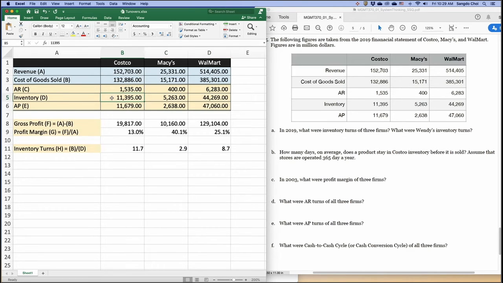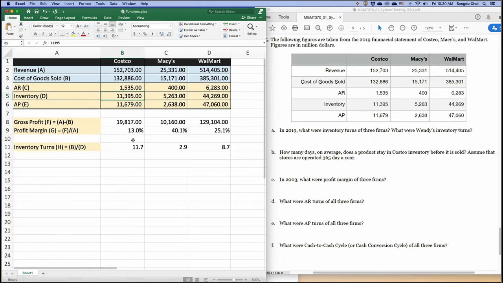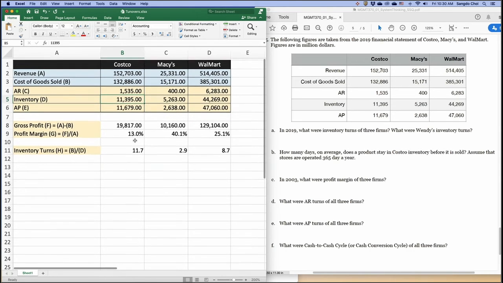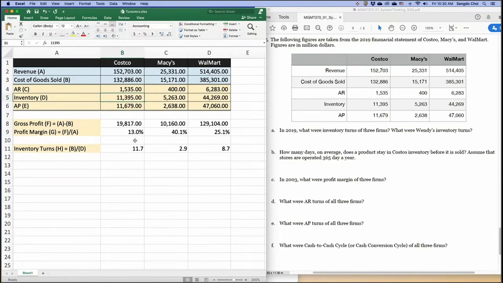Even though Costco's inventory size is larger than Macy's, their inventory turns are better. You cannot use the absolute inventory amount, because inventory is proportional to company size, so we cannot compare the dollar inventory numbers right away. That's why we have to compute the inventory turnover numbers.